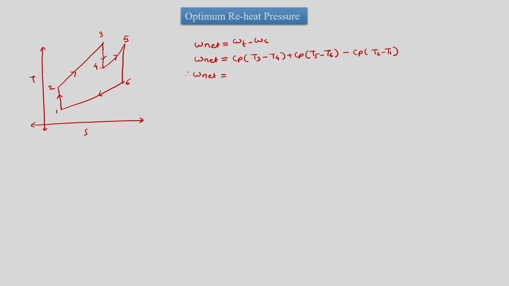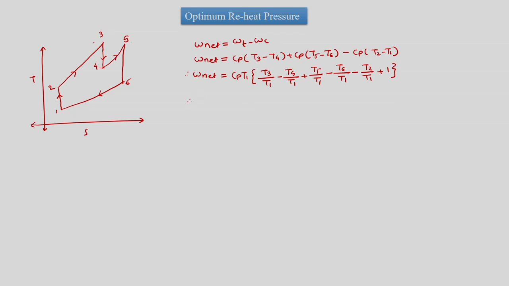So W net is equal to, we will take CpT1 common, and then we will have T3 by T1 minus T4 by T1 plus T5 by T1 minus T6 by T1 minus T2 by T1 plus 1.